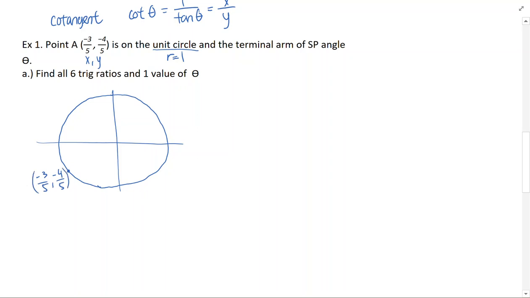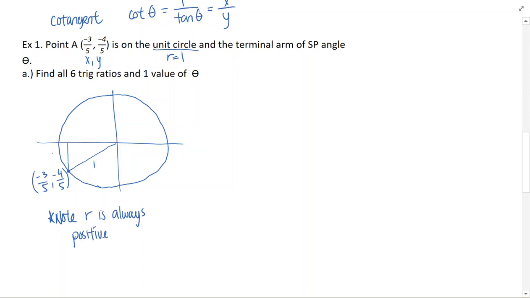And we do know that it's a unit circle, so this part is just 1. Please note, the radius r is always positive.